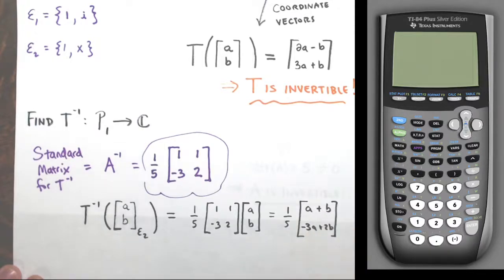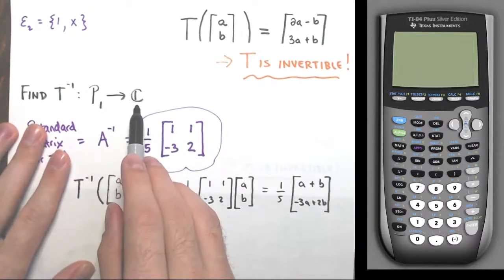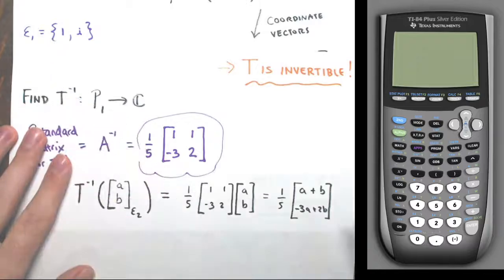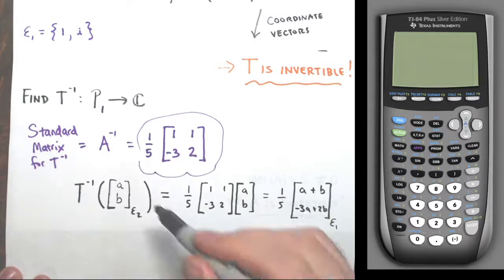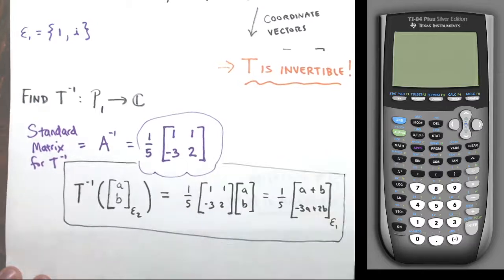Remember, the final result, the outputs are complex numbers, and so they'll be coordinates with respect to basis E1. So I'll put the little E1 there. And if you want to put the fifth in, you'd have a fifth a plus a fifth b, and then -3/5 a plus 2/5 b. That's fine. I'm just going to leave the 1/5 on the outside and save it for the end.